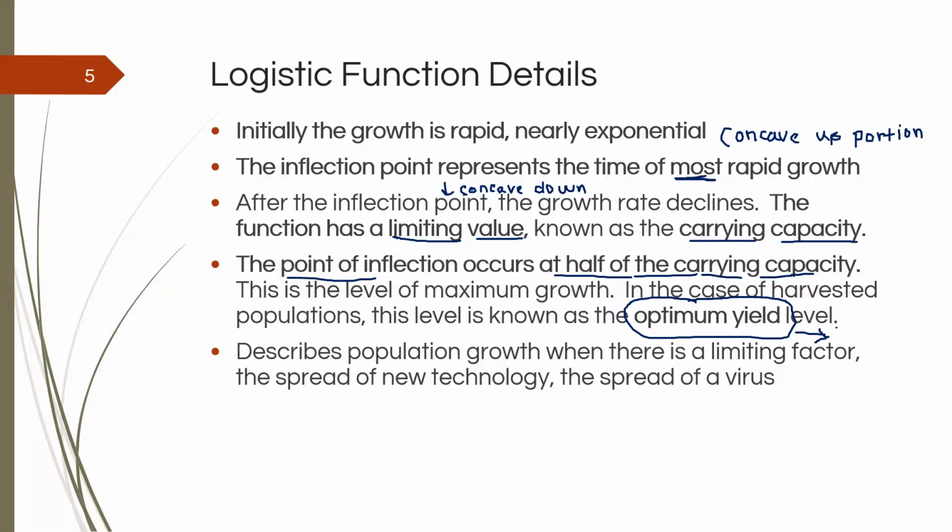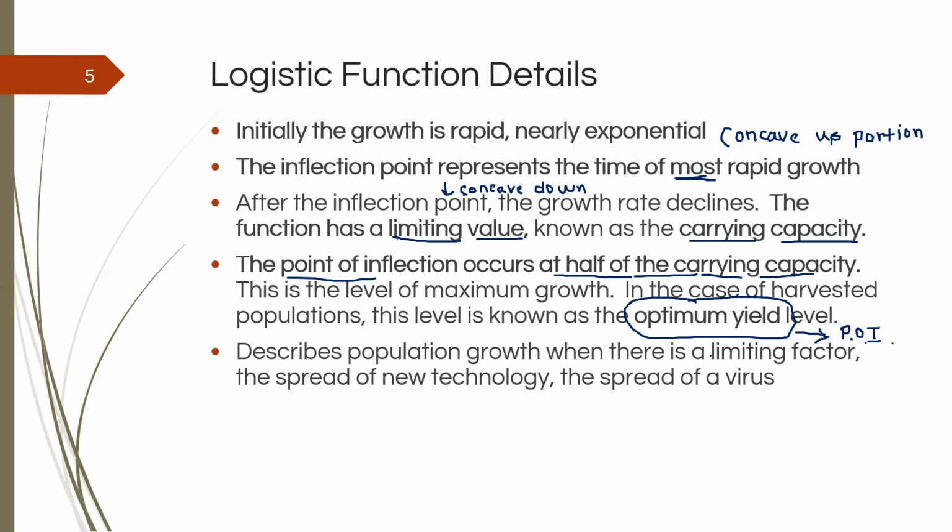If you wait until it's at the peak, at the carrying capacity, the population is not really growing anymore, and so if they harvest at that point, the population will not reproduce. And so this optimum yield is the idea of the point of inflection. So again, based on the context, some problems are going to ask you about optimum yield, and they're just asking you about point of inflection.